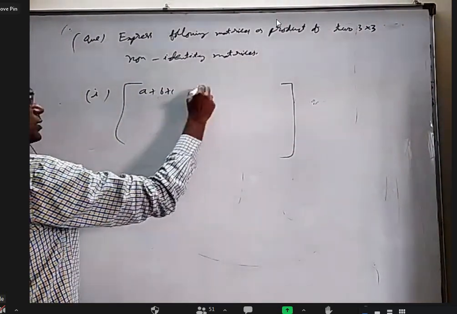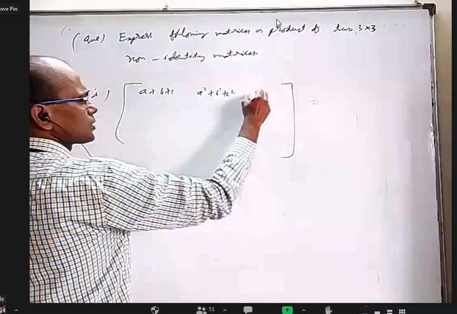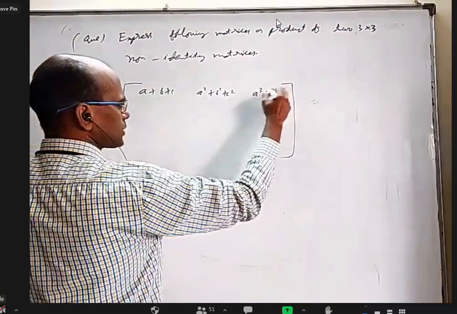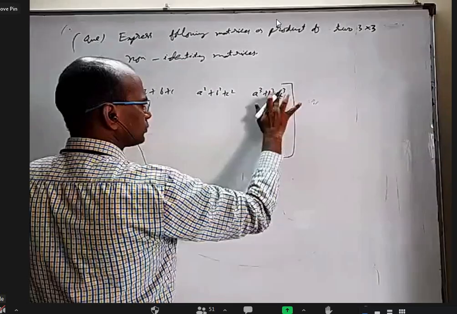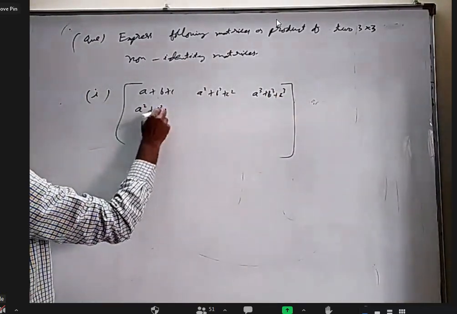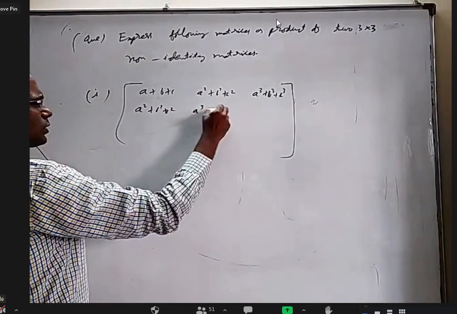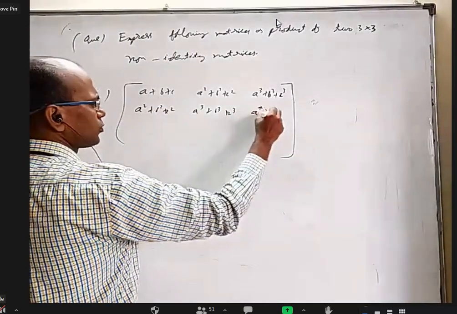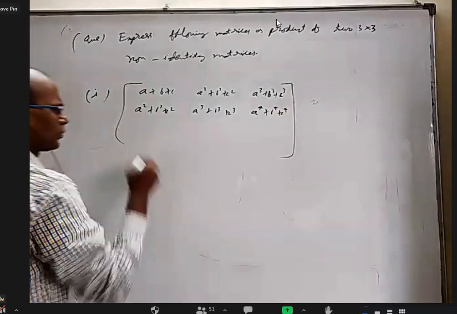A plus B plus C, A square plus B square plus C square, A cube plus B cube plus C cube. A square plus B square plus C square, A cube plus B cube plus C cube, A power 4 plus B power 4 plus C power 4.